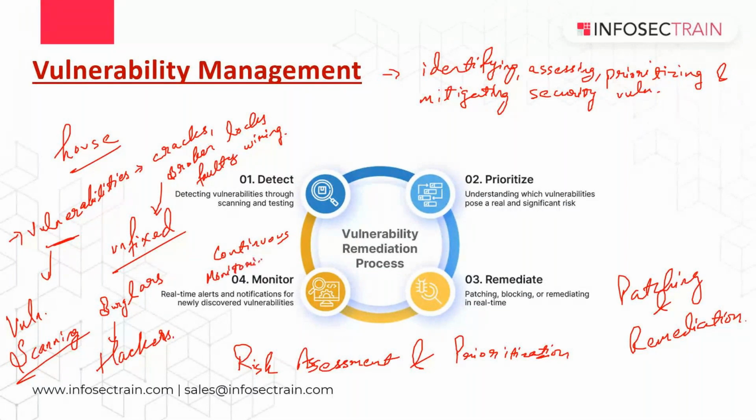Monitoring makes sure that new issues are first of all detected and addressed quickly, just as homeowners regularly check for leaks, pests, or damage. So this is what happens in vulnerability management. This is the life cycle of vulnerability management. This is what I'm trying to convey.